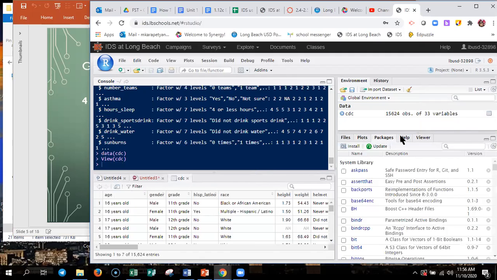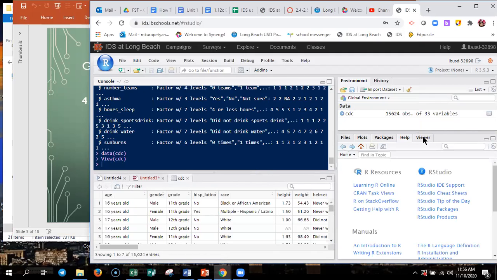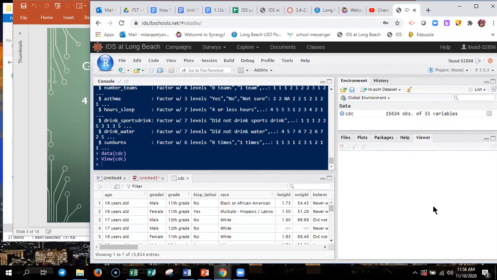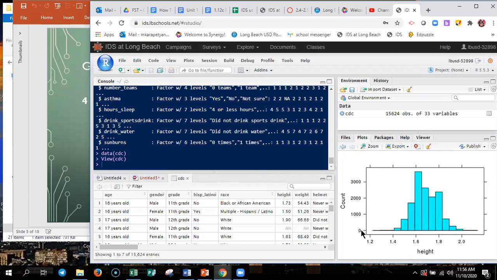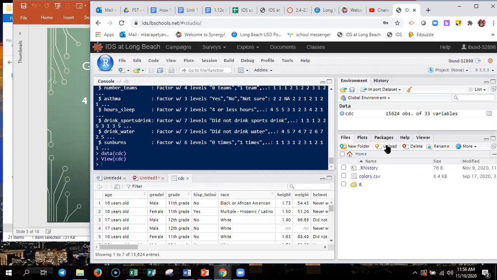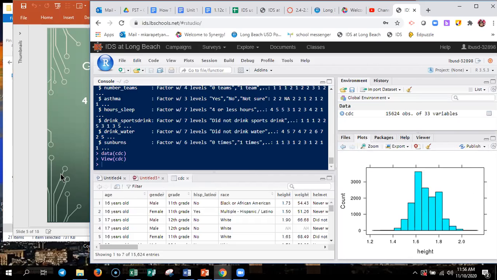I can also look at packages. I can get help from here. And over here, when we do our labs, your labs will show up right here under viewer. So this tile here actually covers a lot of bases.